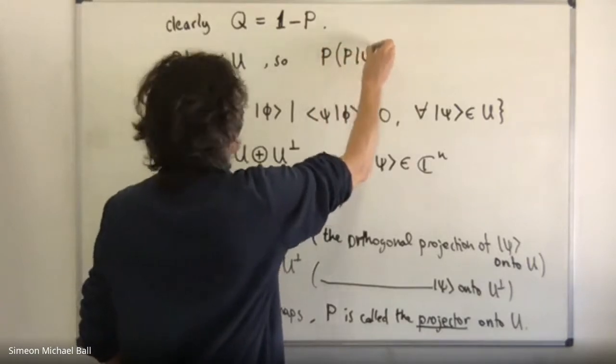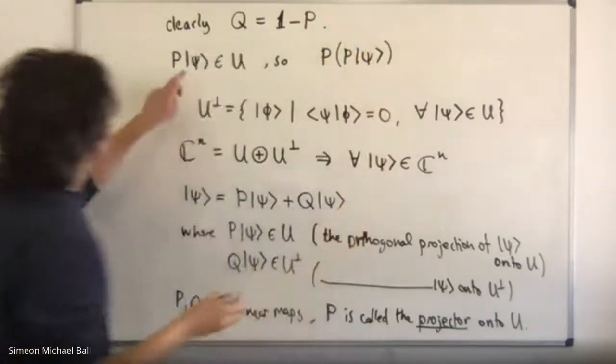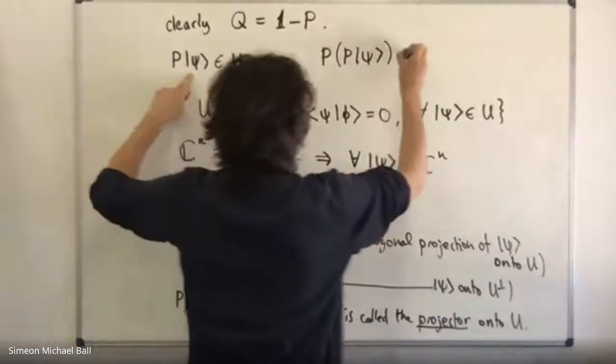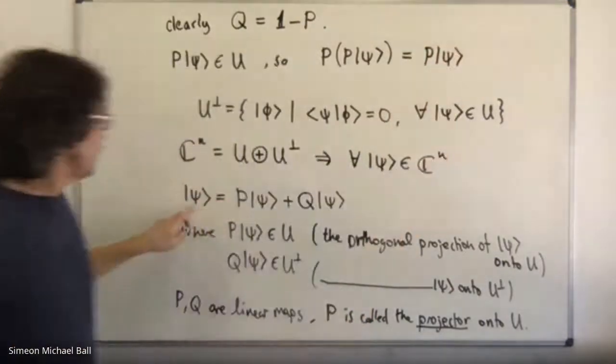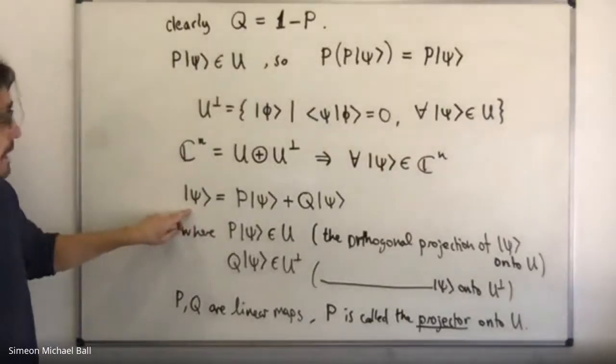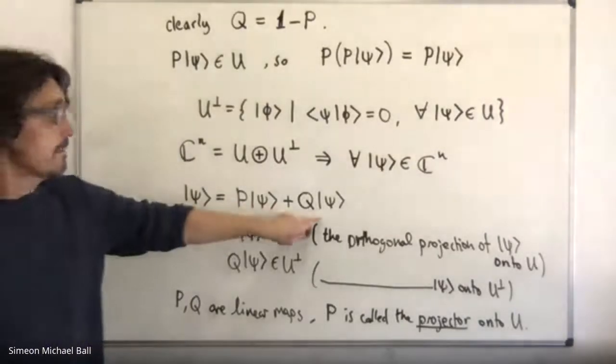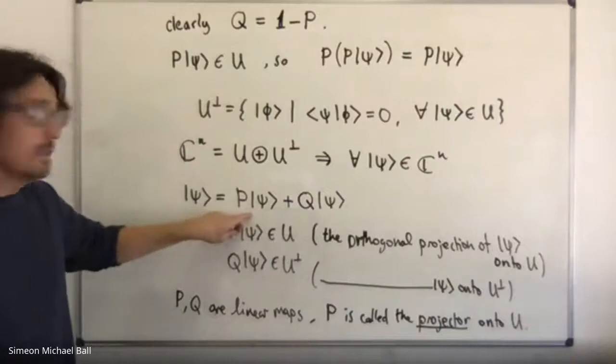If we apply P to the projection, then this is just going to stay where it is, because if you try to write something that's in U as something in U plus something else, it's just going to be something in U plus 0.